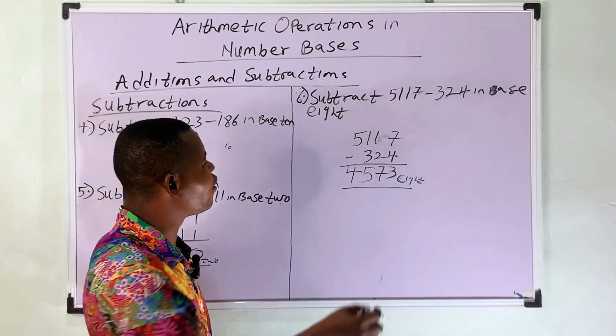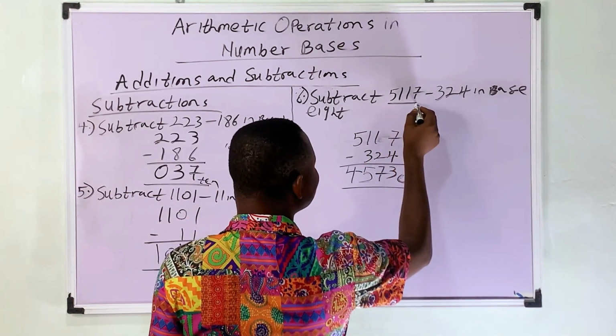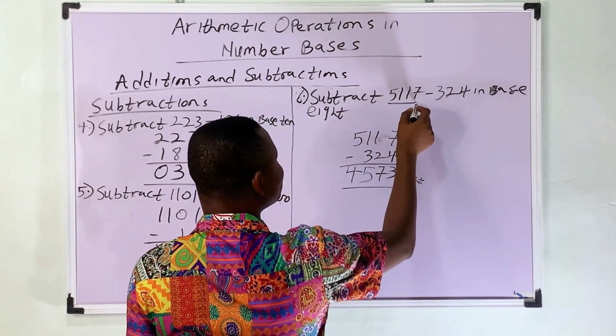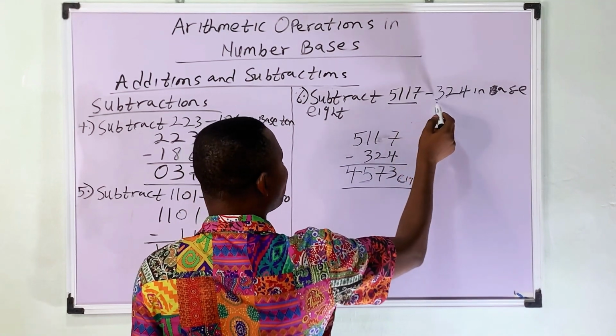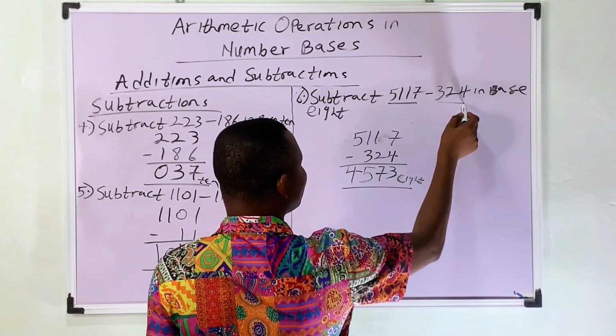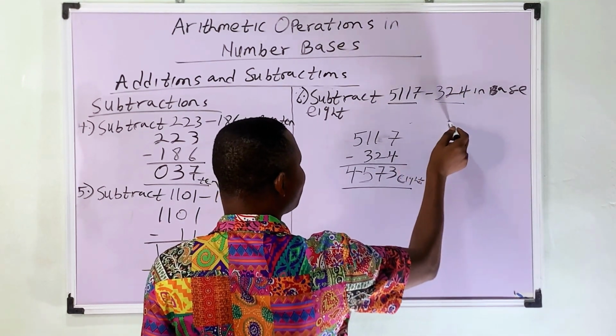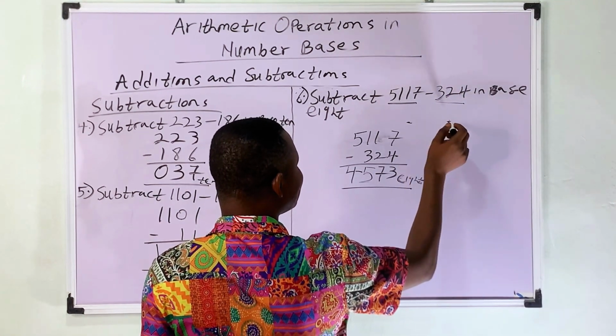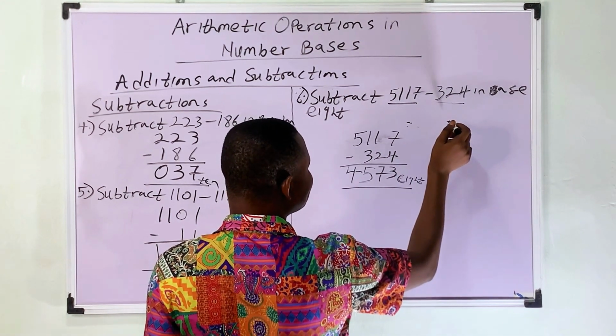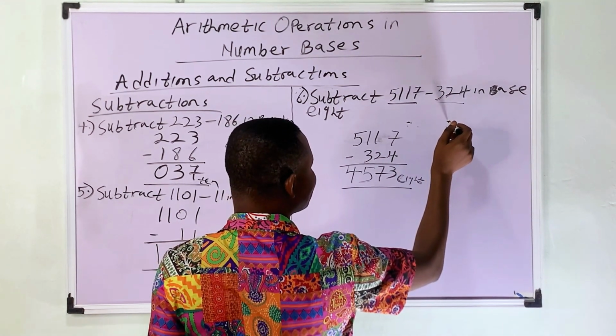Let's convert this number in base 8 to base 10, and convert this number in base 8 to base 10 also. We're now going to perform the subtraction operation in base 10.